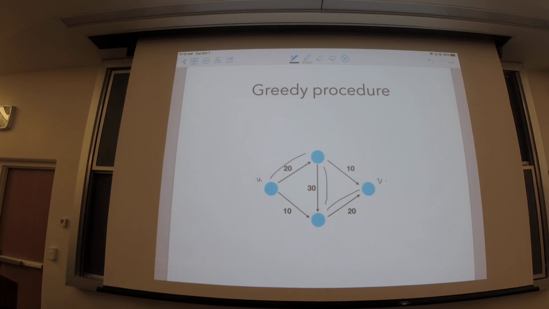Yeah? And maybe you could start at U and just assume that you'll be able to use all capacity. So like coming out of U, there's 20 plus 10. Okay. Say, I'll just send some information through all of it. And then you go to the next level, like all of U's neighbors. Mm-hmm. And then just start putting constraints on it.